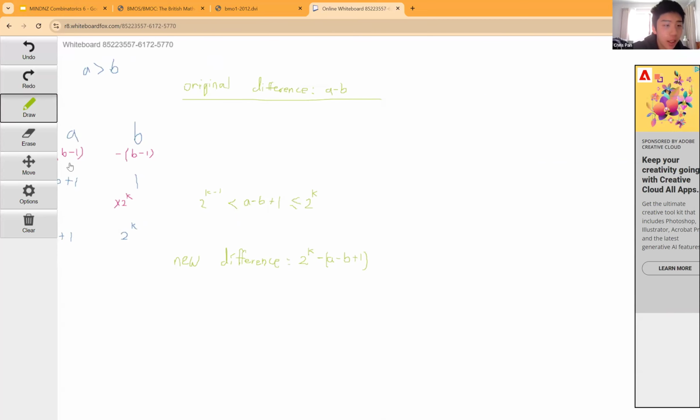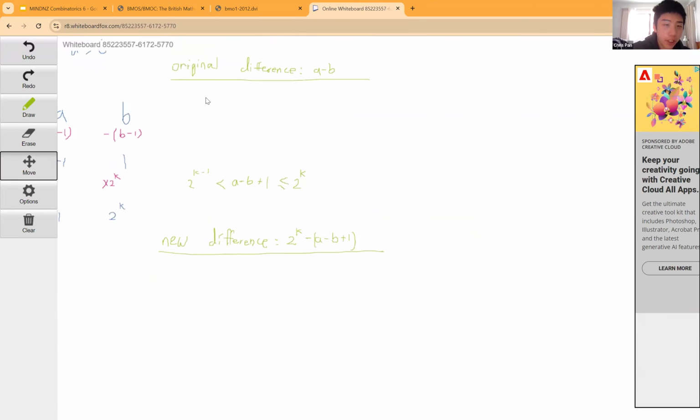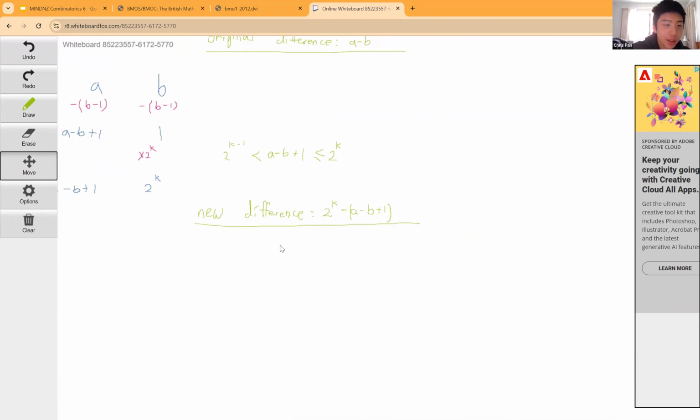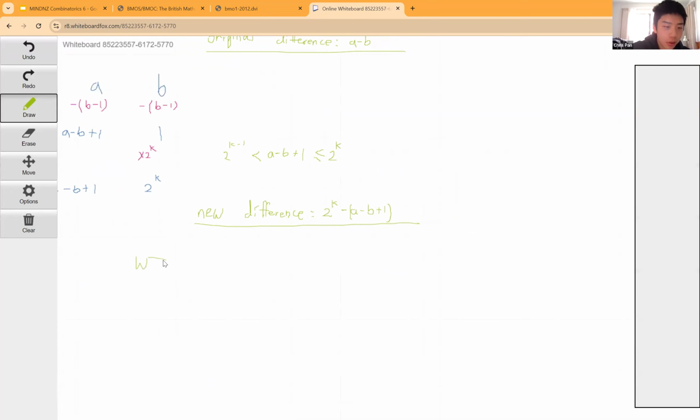That's the difference. So what do we need to show? In order to show this algorithm works, we need to show that the original difference is larger than the new difference, right? So we want to show that the original difference is larger than the new difference.